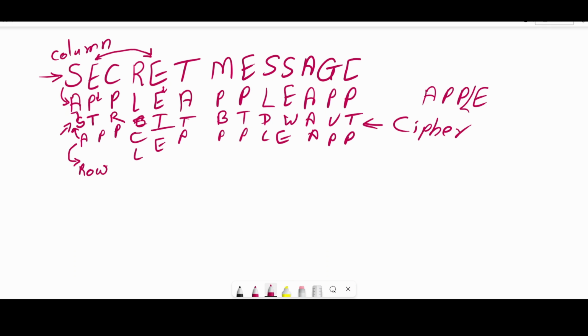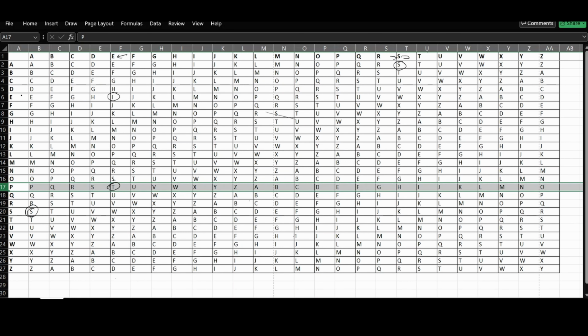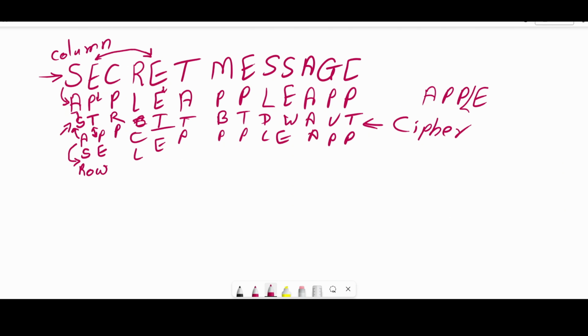For A and S, we would first look at the row A and then try to find S, and then the column would be our character. In the same way, we would be able to decrypt the message. So this is the advantage of using a polyalphabetic substitution with a matrix: even the same characters are encrypted with different values.